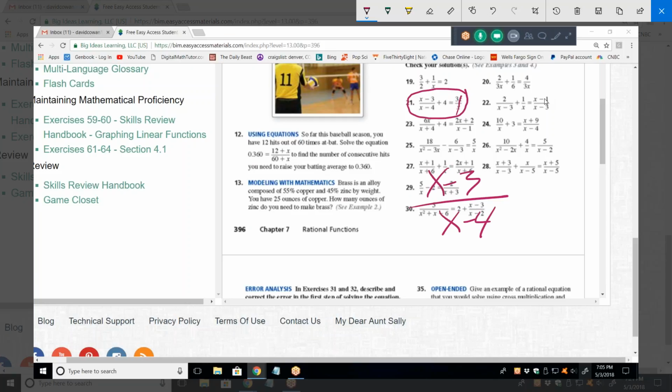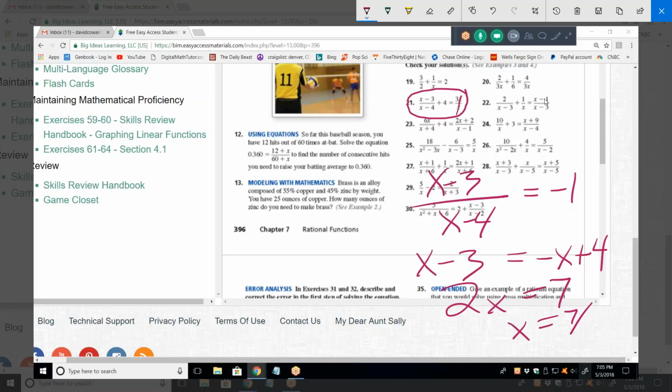Move the 4 to the other side, and I got minus 1. Basically cross multiply, and I got this. Move the x's over, I got 2x equals 7, x equals 7 halves.